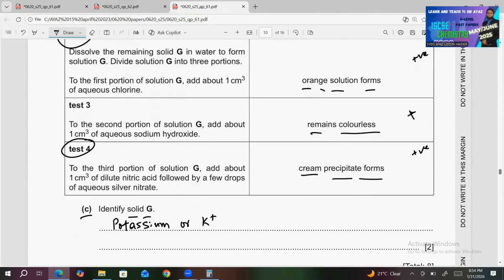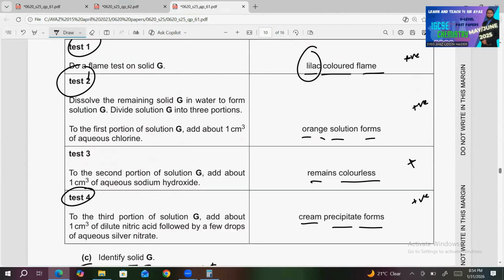What about the other details? If you look at the test 2, they are saying chlorine is passed, aqueous chlorine, and it's turning orange solution. So chlorine, if it reacts with a salt of bromine or iodine, it will displace it. And this will be indicated by the change in color. You know, these are the halogens.